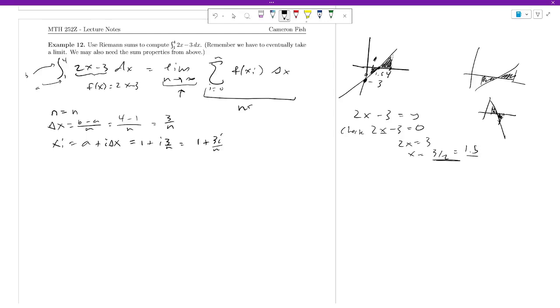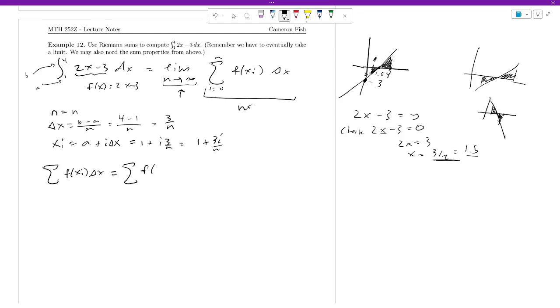Okay, so we just have to assemble this into our sum. It's going to look like this. I'm going to have f of xi delta x. I'm going to skip writing the i equals 0 and the n. You should not be lazy like me, you should write them, but since it's not going to matter too much, I'll skip them for the moment. f of xi, so what does that mean?